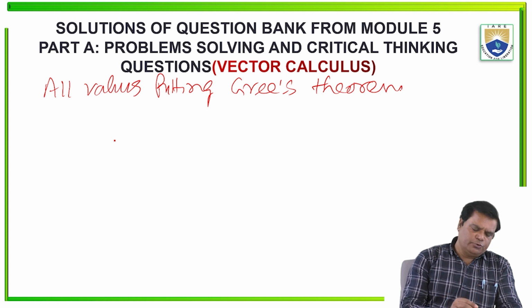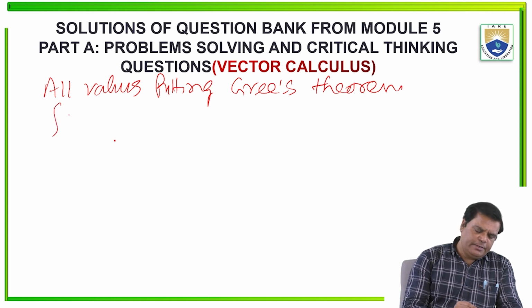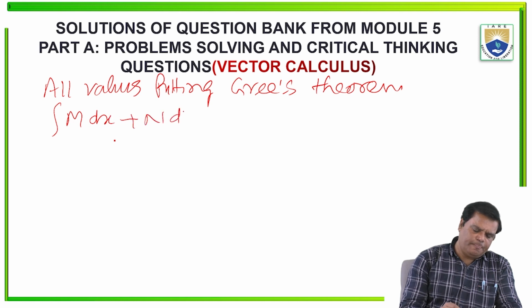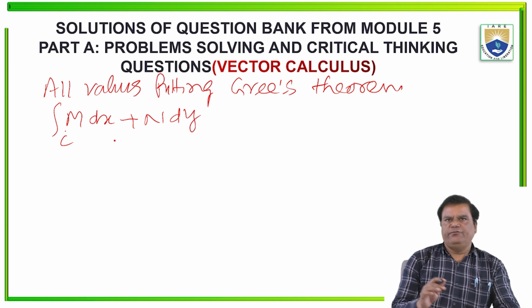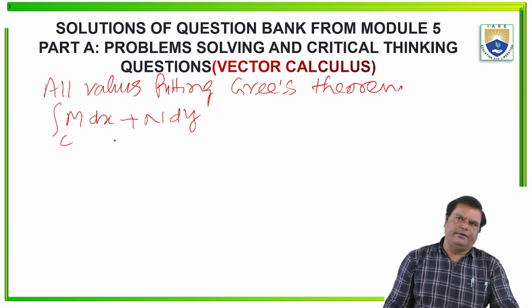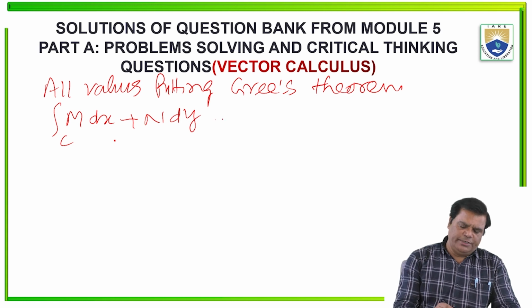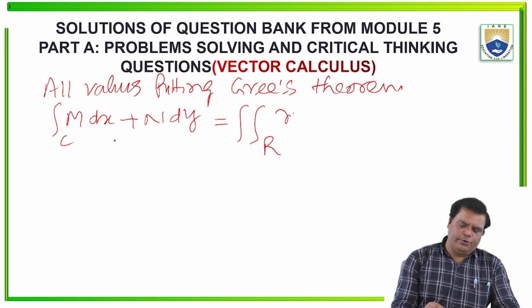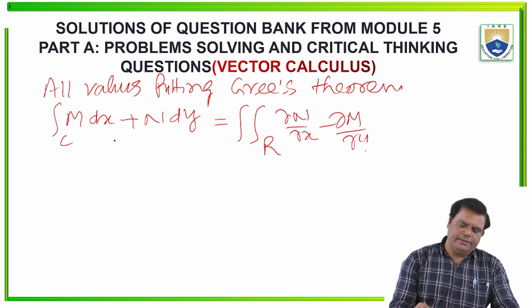Green's theorem is the integral over C of M dx plus N dy. This is a line integral; basically, this is the relation of line integral to area integral. It equals the double integration over region R of (∂N/∂x minus ∂M/∂y) dx dy.